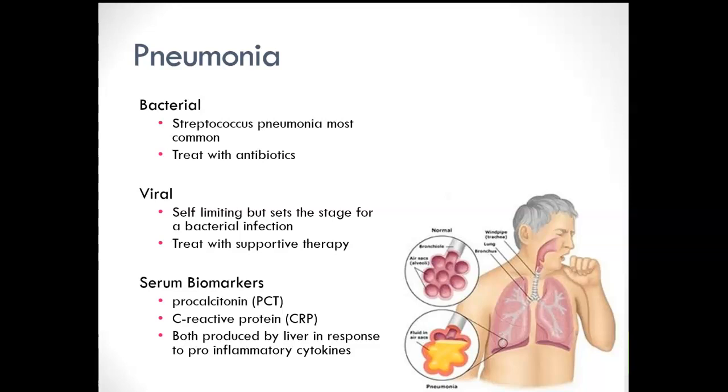So it doesn't tell us where the inflammation is, but it does say that our body's in an inflammatory state. Both of these are produced by the liver in response to pro-inflammatory cytokines. So actually they're used in some ways. They can really be used as markers to measure the effectiveness of treatment as well.